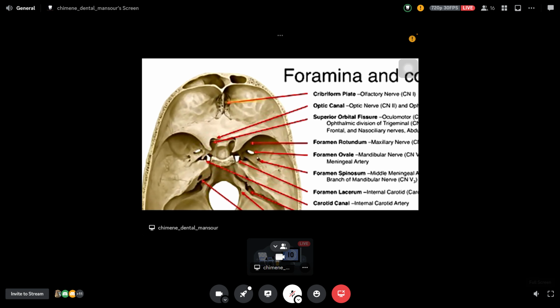As I've said, between the sagittal suture and the coronal suture you have the bregma, and between the occipital, the lambdoid suture and the sagittal suture, in the posterior part you have the lambda.